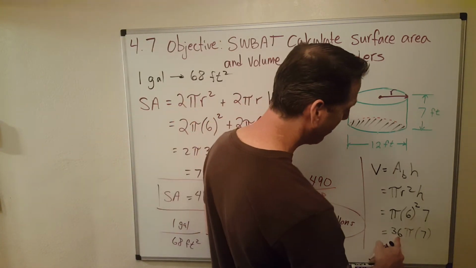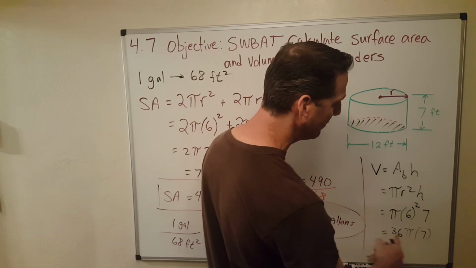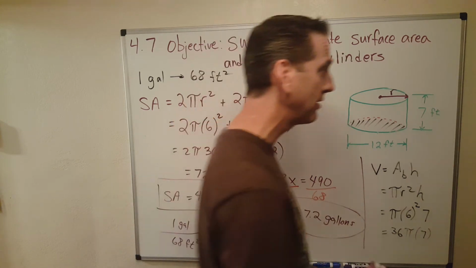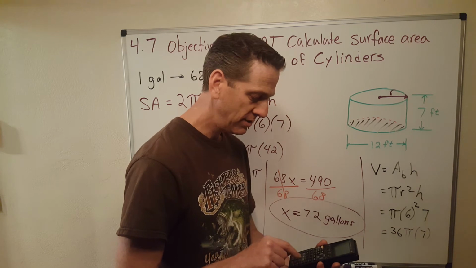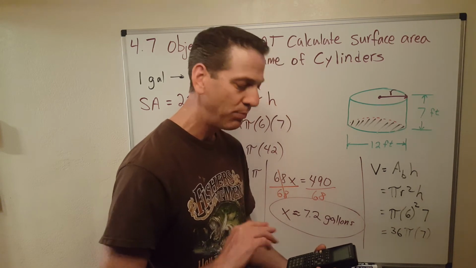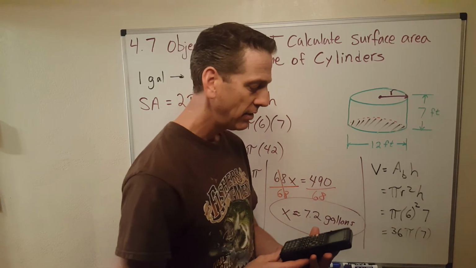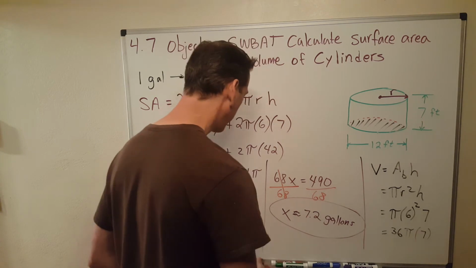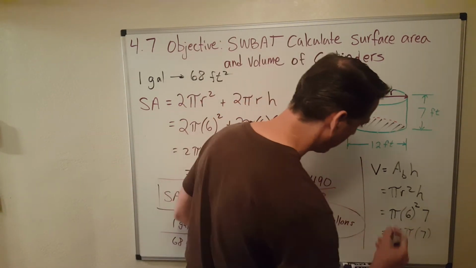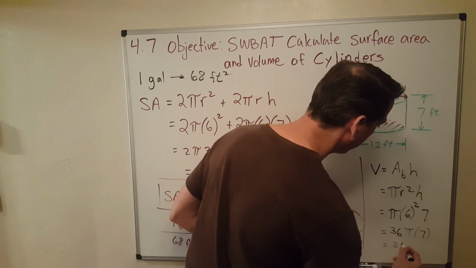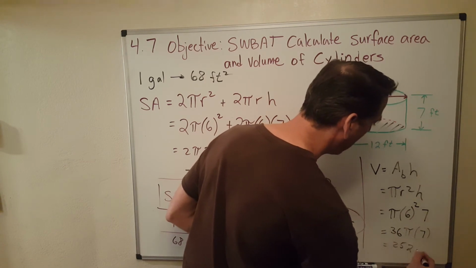All right, so I got 36 pi, or I can do 36 times 7. I'm going to go ahead and do 36 times 7 first. So 36 times 7, it's nice to do pi last. It's 252. So I get 252 pi.